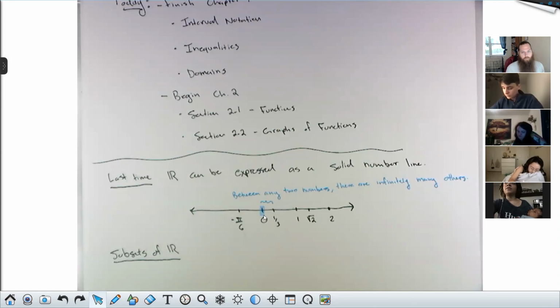What's the first real number bigger than 0? There isn't one. It certainly isn't 1, because between 0 and 1 there's 1/3 and infinitely many other things. 1/3 can't be the next real number after 0, because between 0 and 1/3 there's infinitely many other real numbers. So we need some kind of notation that is a convenient way of expressing chunks of the real line.